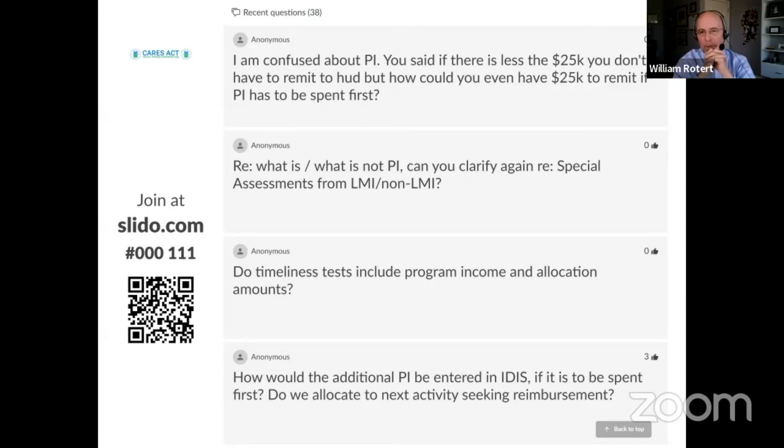So if you do that, these rules then come into play, as we discussed during the webinar itself. So you need to take a look at that section of the regulations and see whether or not you're doing special assessments. And if you're doing special assessments against non-low mod income households, those dollars will be considered PI. Okay, great. Thank you, Bill.